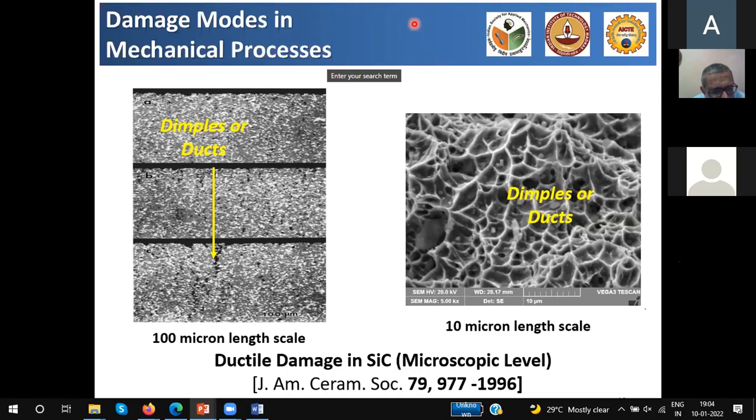So here you see two different zoom positions of a micrograph. One is at the 100 micron length, and the other is at a 10 micron length, and you will really see different textures that are showing up. And the signatures that are seen at the 10 micron length scale are clearly different from the signatures that you see at 100 micron length scale, and therefore there's a length scale dependence in the observed features in a material.